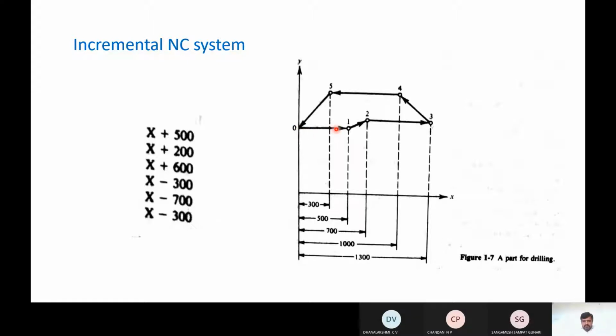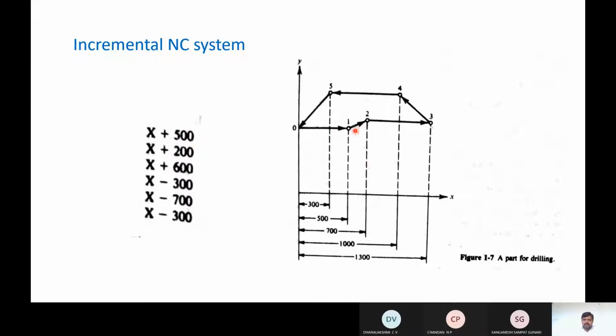It should be moved along the X direction for 500 units. Then you can position the drill bit and perform the drilling operation, and you will get hole number 1. In the NC program, it will be written as X plus 500. That means along the X axis, in positive direction, it should move for 500 basic length units.